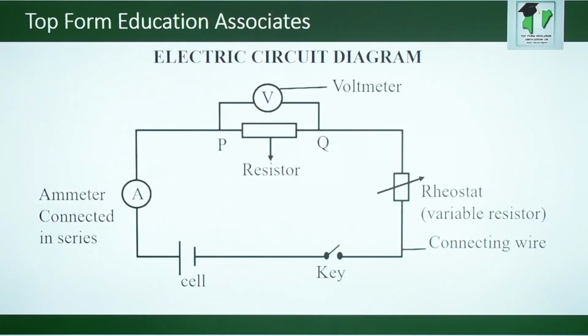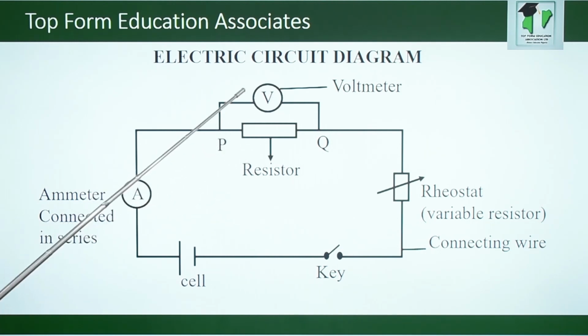Now, the electric circuit diagram. You can see how it is connected. Here is the cell, with the positive terminal and the negative terminal. Then the ammeter is connected in series directly after it, so as to measure the accurate quantity of current flowing from the cell into the whole circuit. Now you have the resistor.